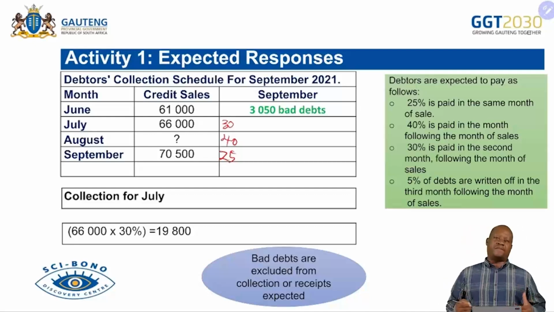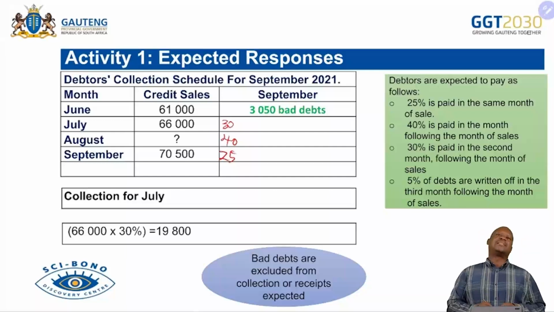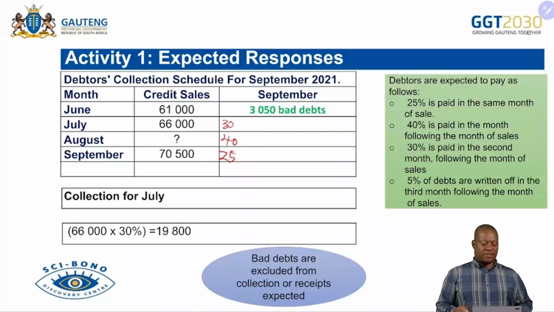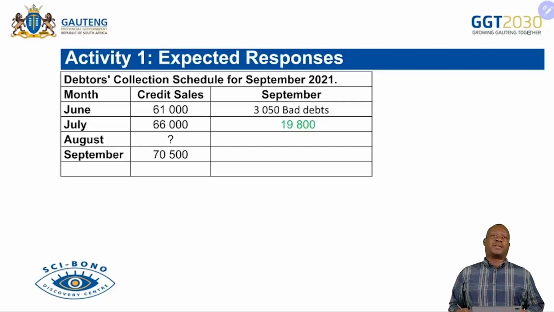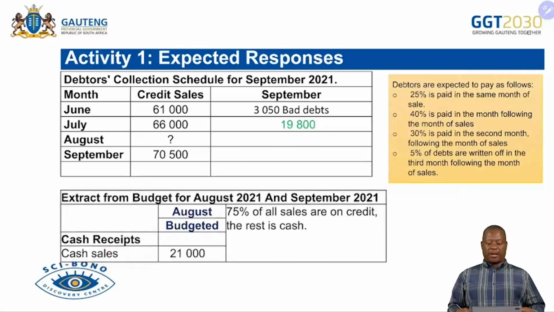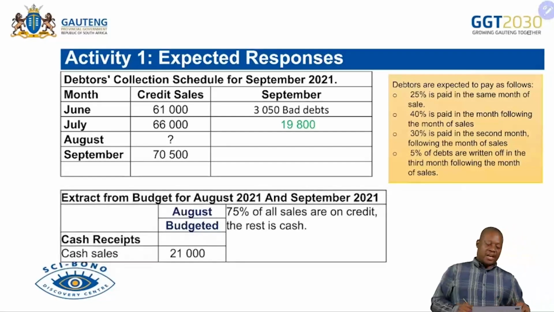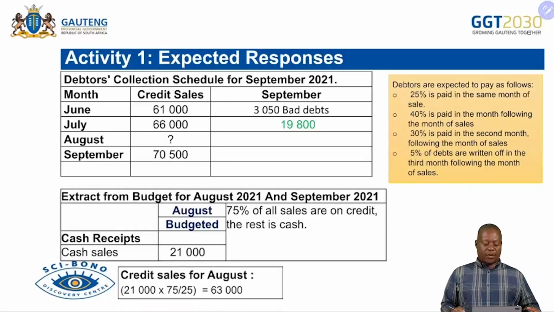I'm not going to overemphasize the fact that bad debts is not a collection, but this is the figure that is going to appear as an expense when it comes to the projected income statement. So the first collection is going to be 19,800, 30% of 66,000, followed by, we need the August credit sales. If we are given that the cash sales are 21,000, and we know cash is 25%, then we can find the credit sales for that same month.